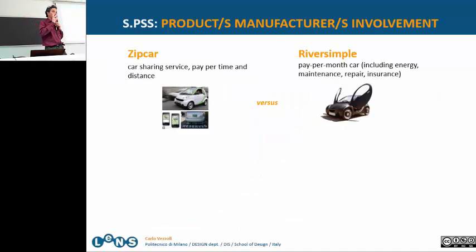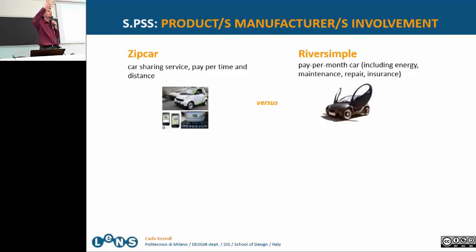I have to add a few things to make the concepts in this introduction a bit clearer. The first one is about the involvement of the manufacturer in this process. I have here two cases of sustainable product services. They are car sharing. You know car sharing.